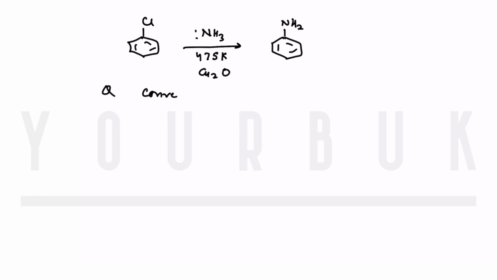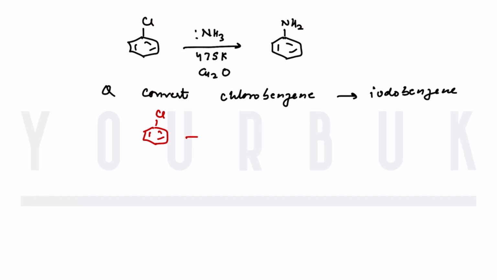For example, this is the conversion given: convert chlorobenzene into iodobenzene. These are the steps involved. We convert chlorobenzene first into aniline using ammonia, 475 Kelvin temperature, Cu2O. It gives aniline.